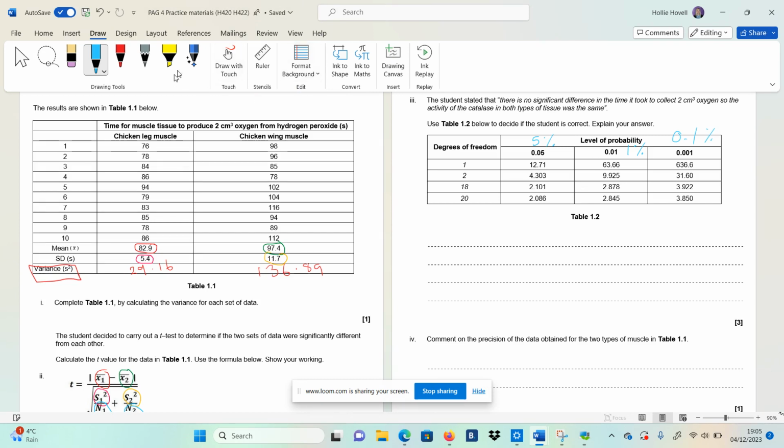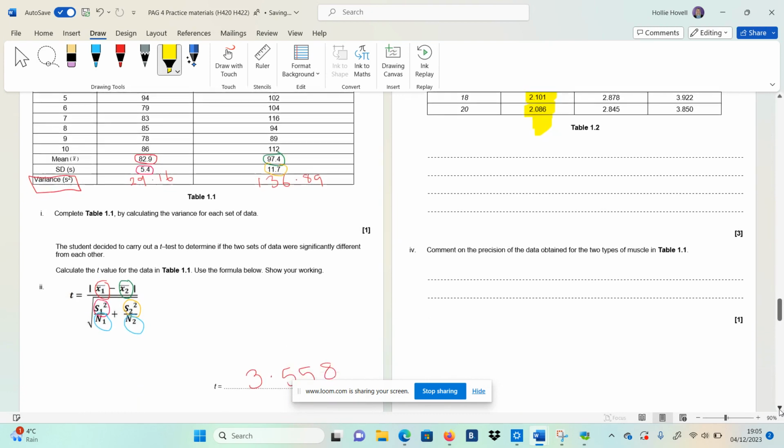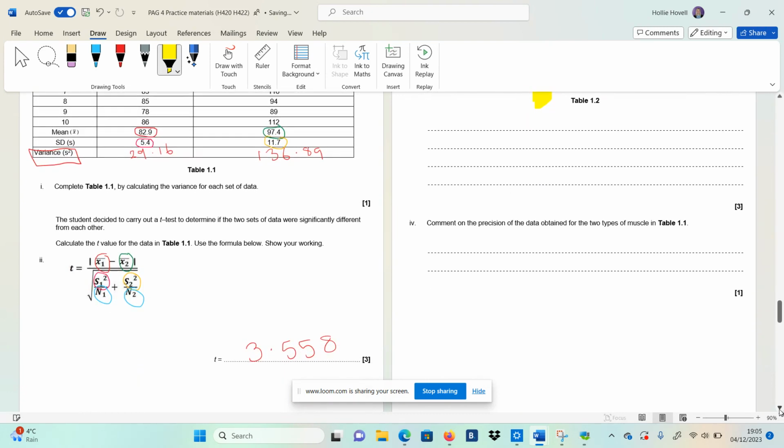So we're going to be looking at the numbers in this column here. So one of the things you need to know is to look at the 5% column. Now, using your answer from the previous part there, we had 3.558.